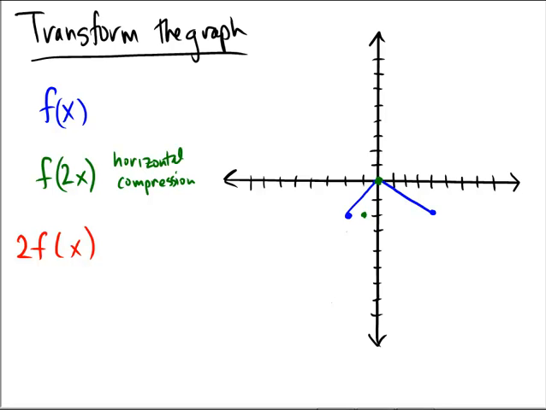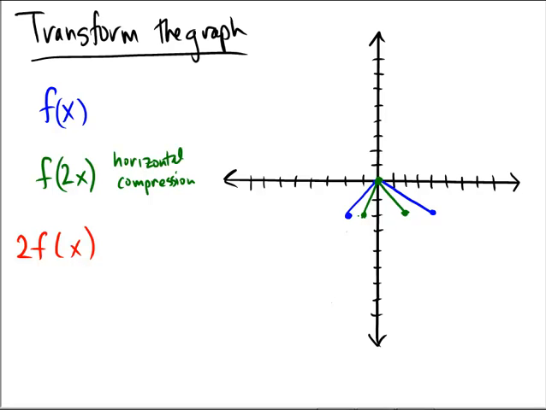And the third point has an x coordinate of positive 4. So when we compress that by a factor of 2, it's going to move to positive 2. So we get a point that goes there. The horizontal compression graph will look like this and like that. It's kind of like it's squeezed in from both sides in order to create that graph.